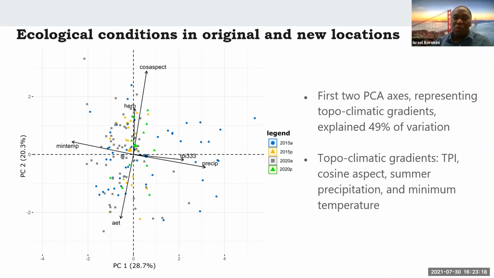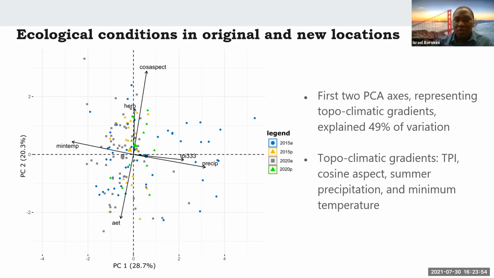So the first thing I did was to plot an ordination with the 6 uncorrelated important predictors using all of the presence and absence points, and then extract the PCA scores for the presence locations, both the new presence locations and the original presence locations, and then use those to estimate the degree of similarity in the environmental conditions in the new points versus in the old points.